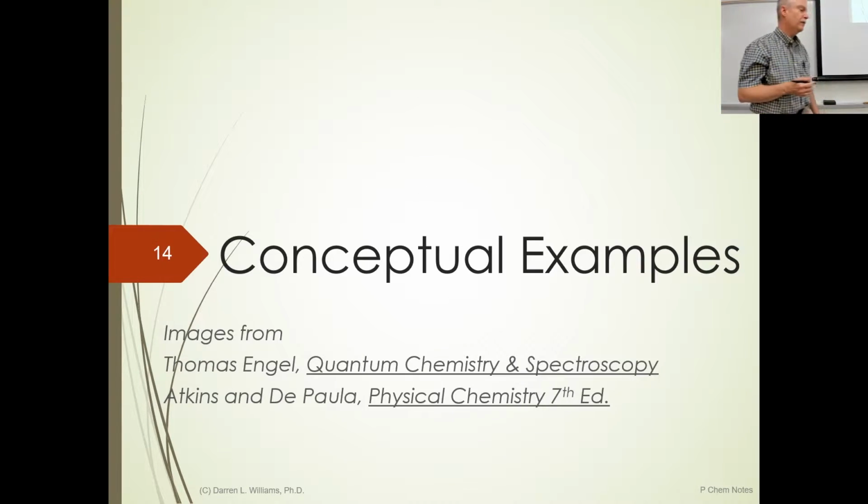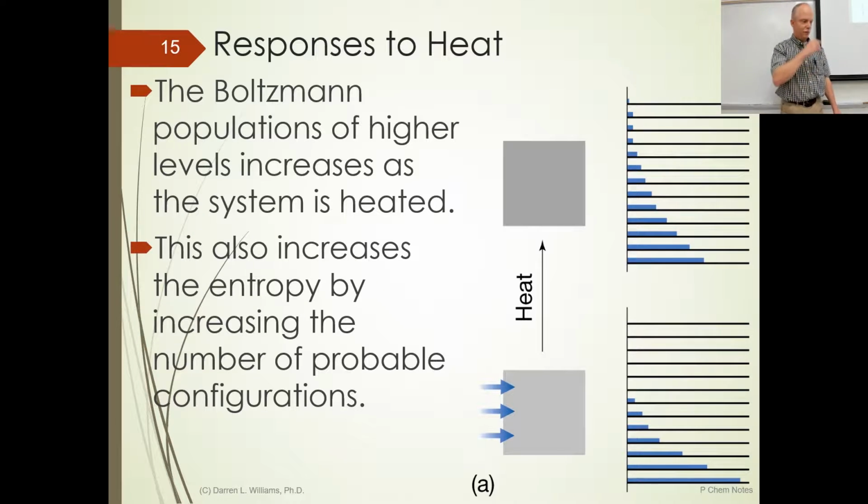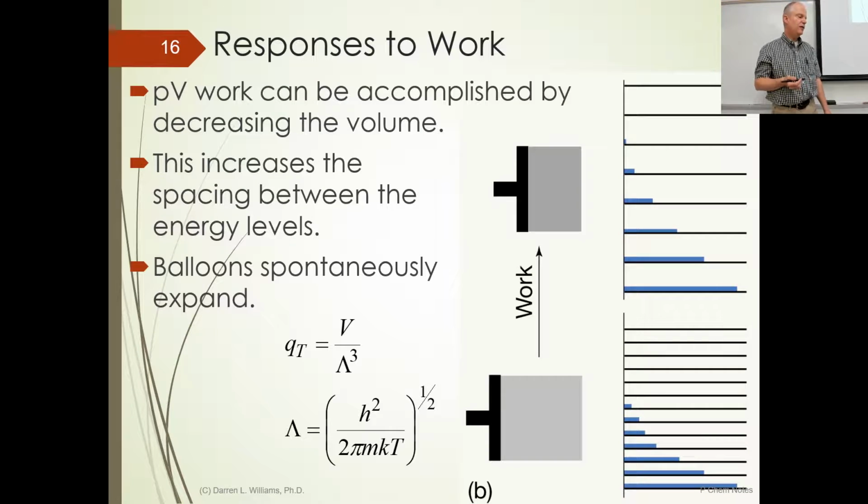So let's look at some conceptual examples. As we've already done, in response to heat, we get a higher entropy as we add heat because we have more energy levels populated. If we squeeze the system, this is one way to understand what happens to the density of states if you put pressure on something.